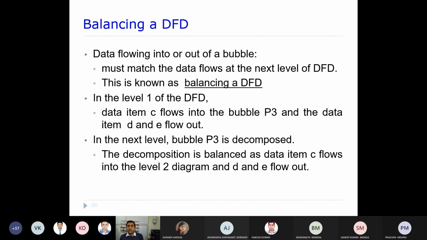Even if you decompose that bubble into 4 bubbles, the input going into these decomposed bubbles should be 2, and the overall output from that decomposition should again be 2. That is what we call balancing a DFD. We'll see that with an example. Maybe if you do not understand at this point of time, you will understand it later.